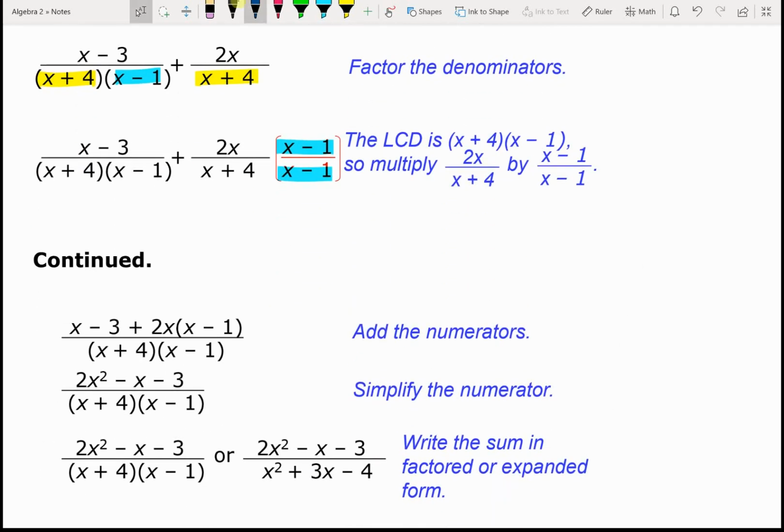So here, when I multiply, I get 2x times x is going to be 2x squared. And then 2x times negative 1, that would be negative 2x. So I have 2x squared minus 2x. And then I can combine my like terms. So I just have the 2x squared.